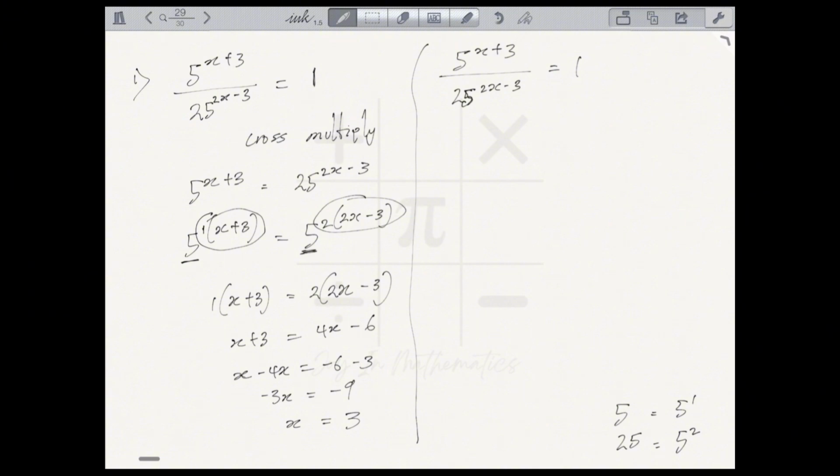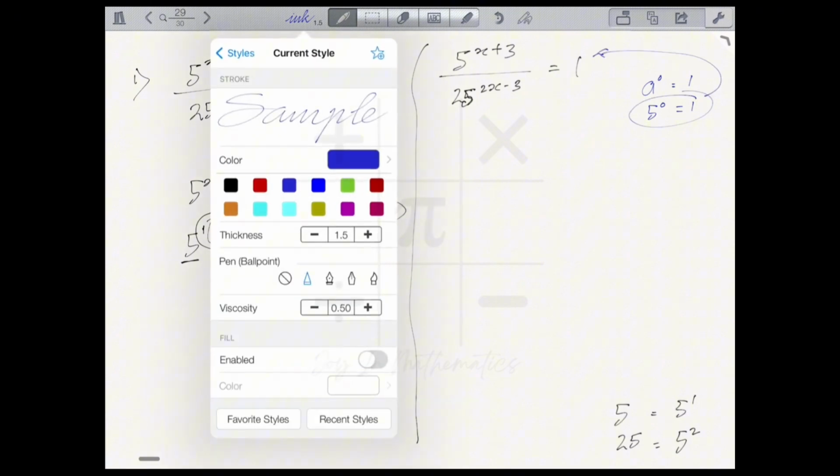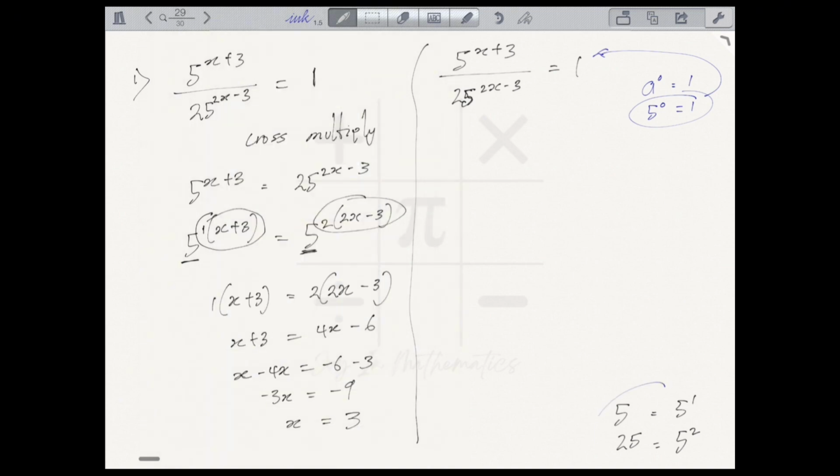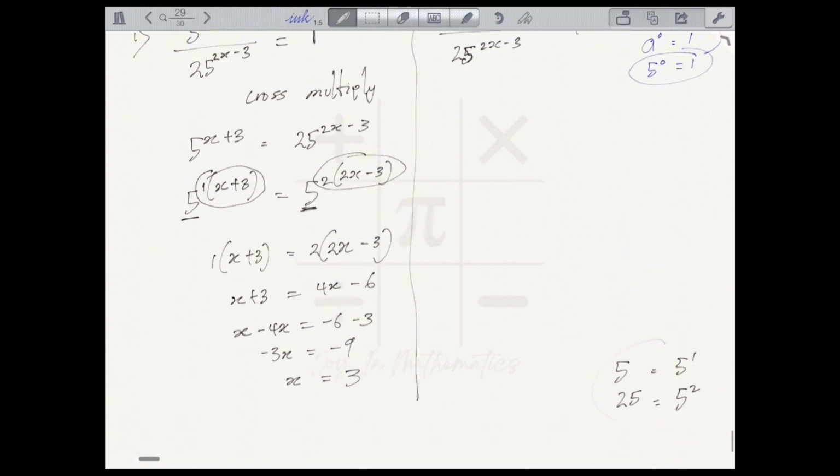Now, if we remember vividly from our laws of indices, we know that a raised to the power 0 is equal to 1. Therefore, 5 raised to the power 0 is equal to 1. So I can rewrite this for this, and I can also apply this one that I have here.